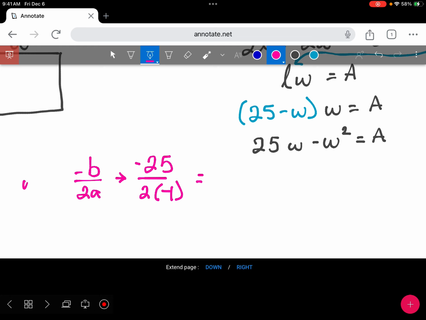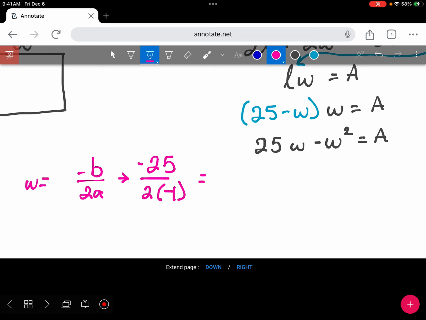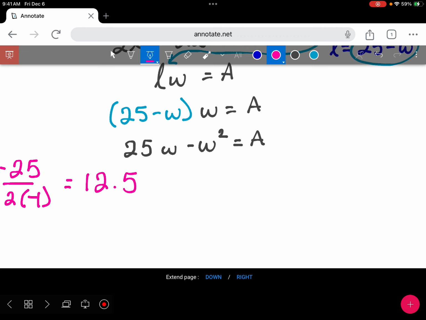So what is the width? 25 over 2 is 12.5. So what's the length? We found our width now. What's our length? It is also 12.5.